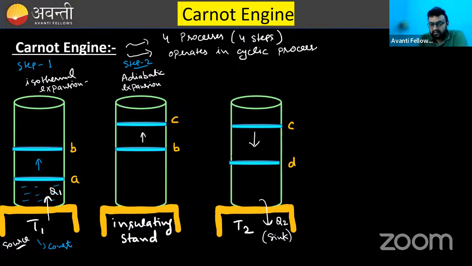So its temperature will remain constant. And if the temperature remains constant, then the process is again isothermal. What do you say? Is it compression or expansion? The gas is being compressed from C to D. The piston is being compressed from C to D. So this is isothermal compression.